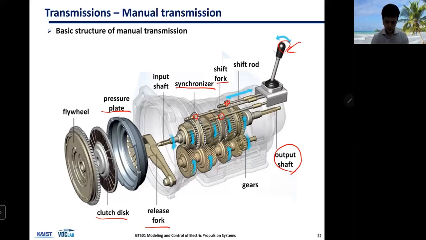So when you have clutches, let's say the vehicle is moving at constant speed, and all of this will be rotating, but you only have to connect one gear to the output and to the engine.